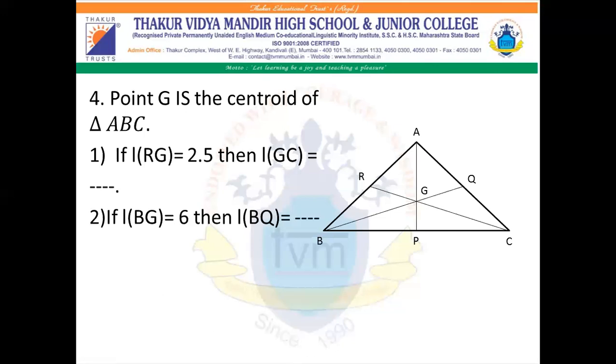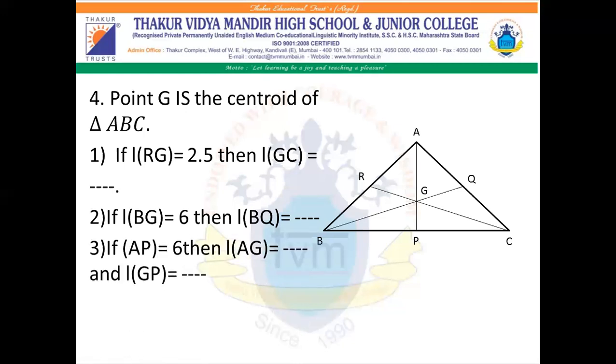Second, if length BG is equal to 6, then length BQ is equal to dash. Third one, if length AP is equal to 6, then length AG is equal to dash and length GP is equal to dash.